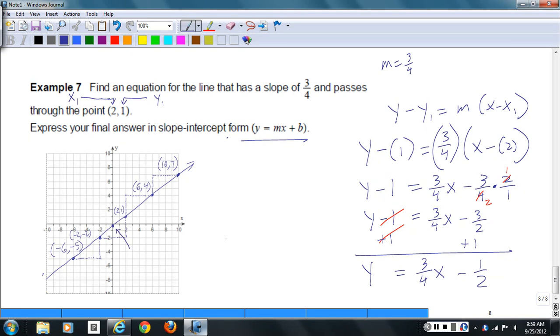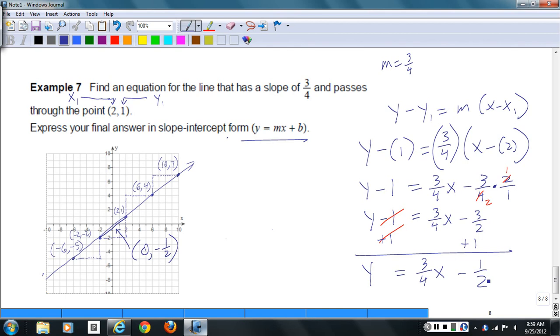Maybe if I do a little bit better job of connecting those dots, then it'll look a little bit more like it goes through that point. (0, negative 1/2). On my original graph, I didn't miss it by much, but maybe just a little bit. What we're also saying is that every point on this graph is an ordered pair that satisfies this equation.